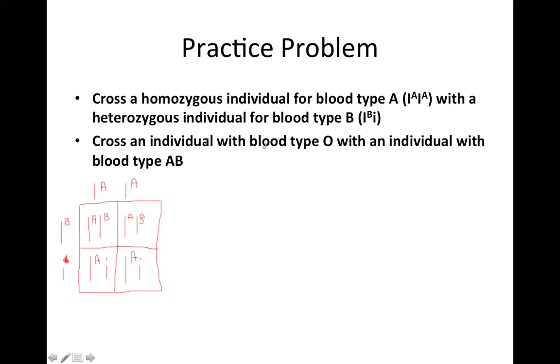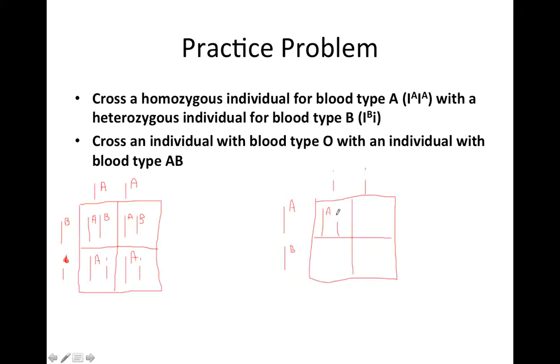Alright, cross an individual with blood type O with an individual with blood type AB. So in this case, we're going to make another Punnett square. We're going to have an I, lowercase i, and then I capital A, and I capital B. Okay, so we have an I capital A, lowercase i.